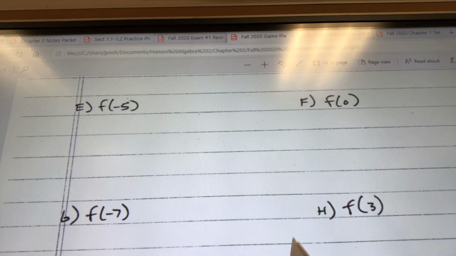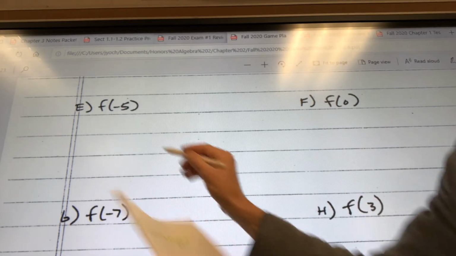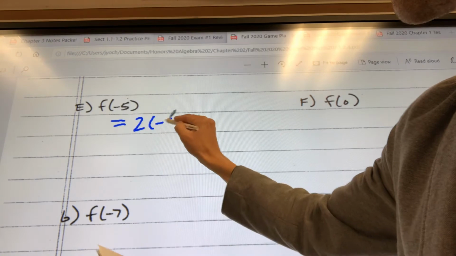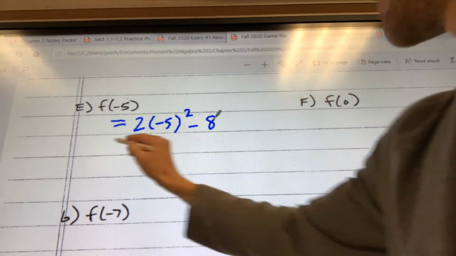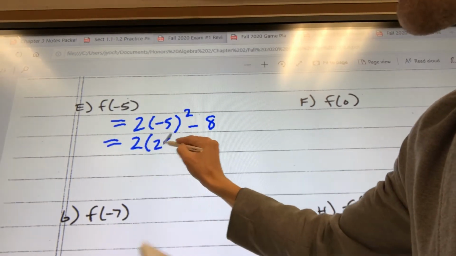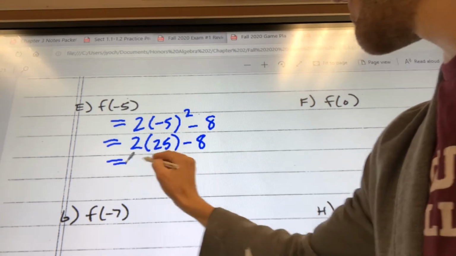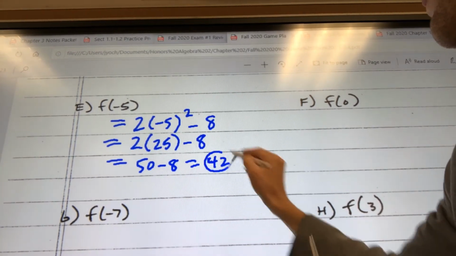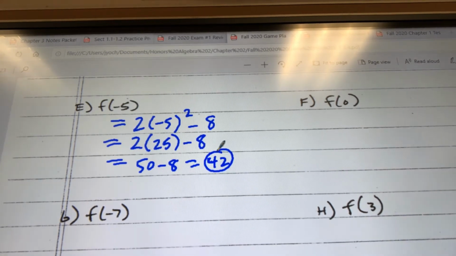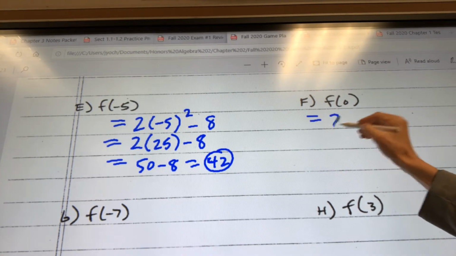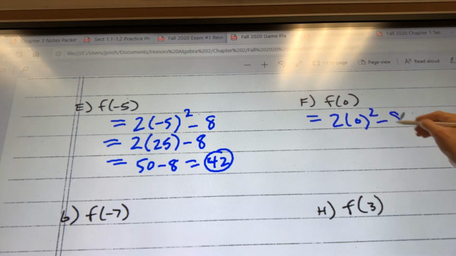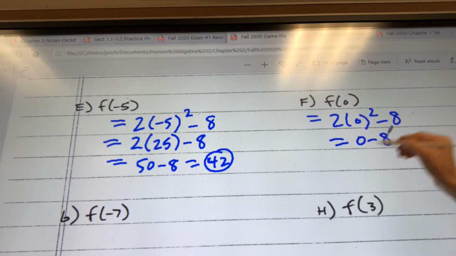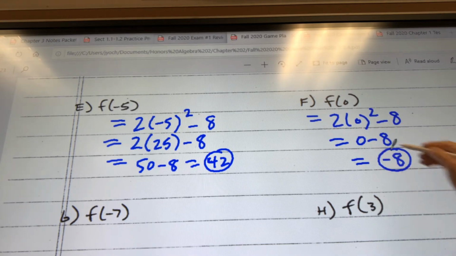Anyway, f of -5. Let's do that right there. F of -5. So that is 2 times -5 squared minus 8, is 2 times 25 minus 8, which is 50 minus 8, 42. F of 0 is -8.